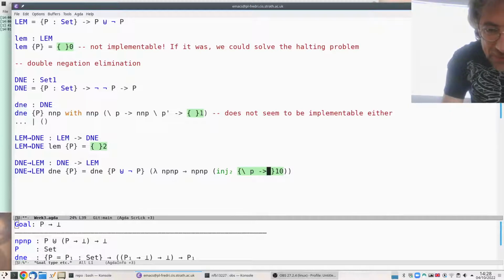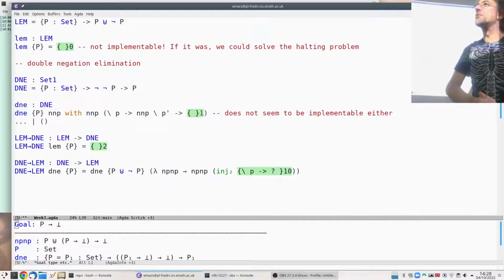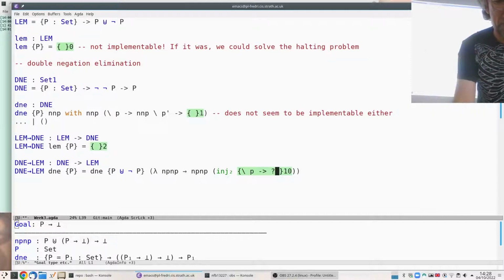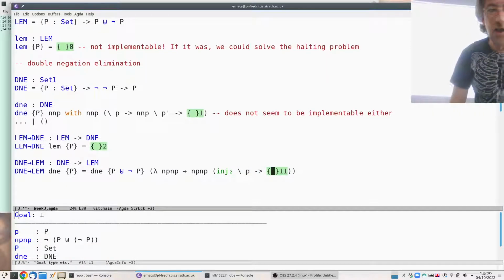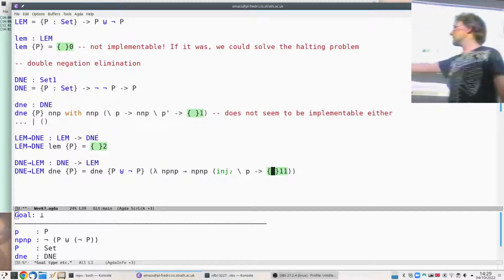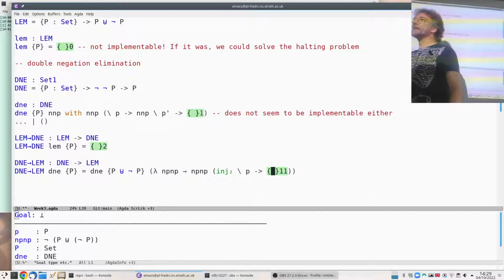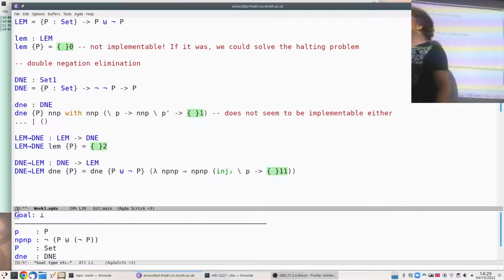See, if I go lambda p arrow question mark, I achieve great progress because two things happen. On the one hand, I get given a proof of P, and on the other hand, I get control back to the operating system.